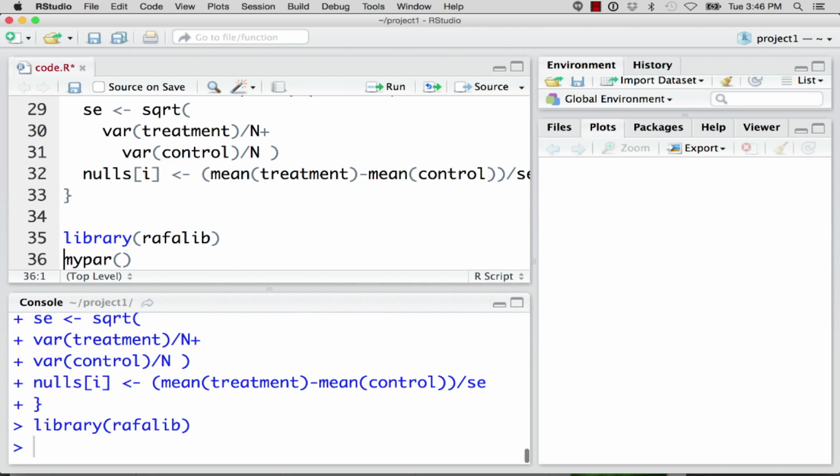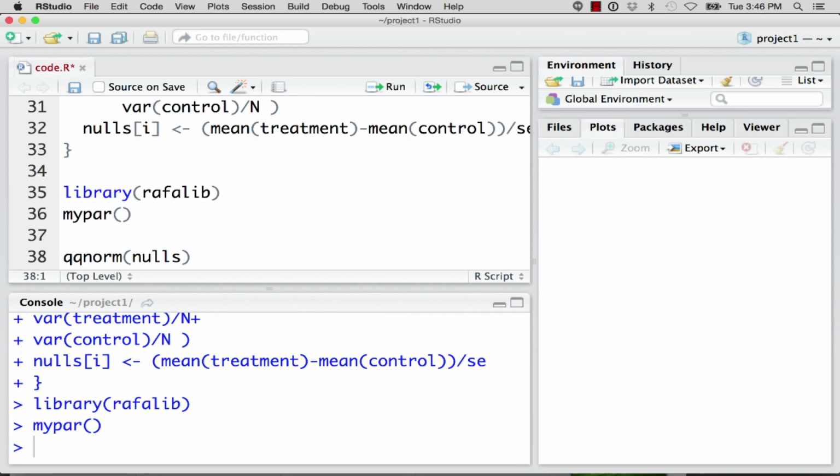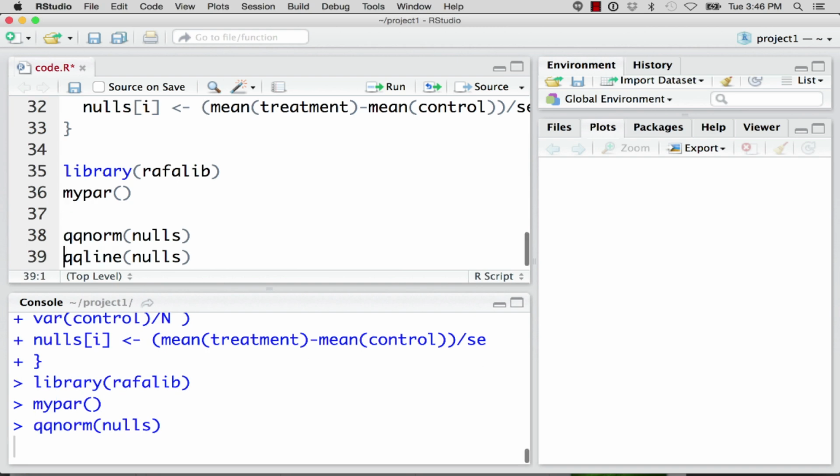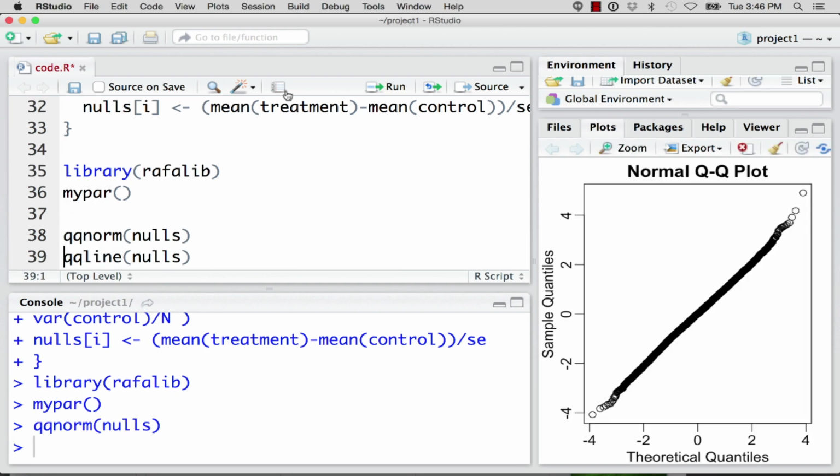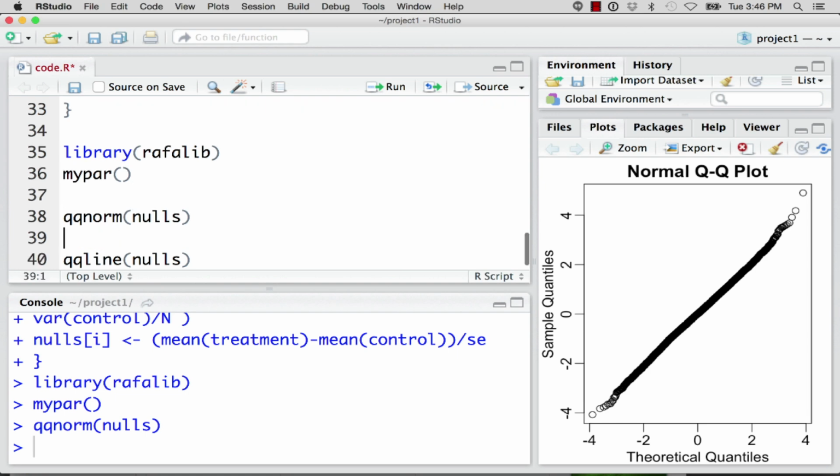We'll load the rafalib package to make some pictures. So if we make a QQ plot against the normal for these nulls, it should be right on a line. It should have slope 1 and intercept 0. So we can check that by, well, instead of qqline, we just should do abline(0,1).